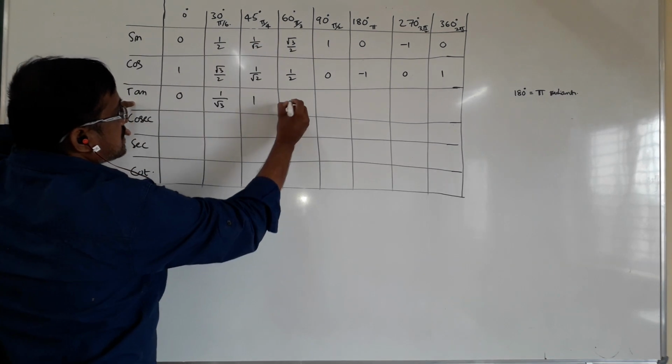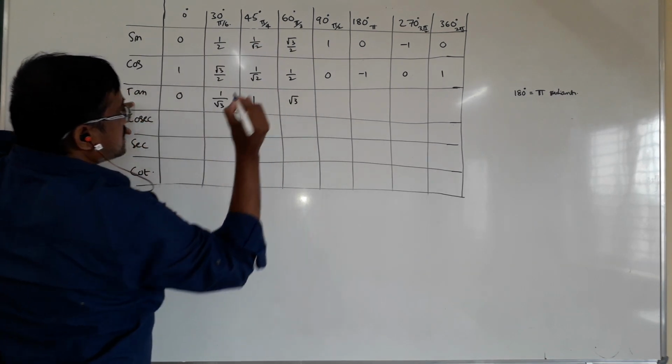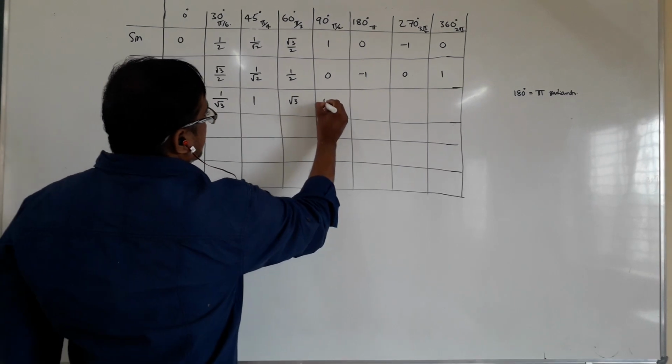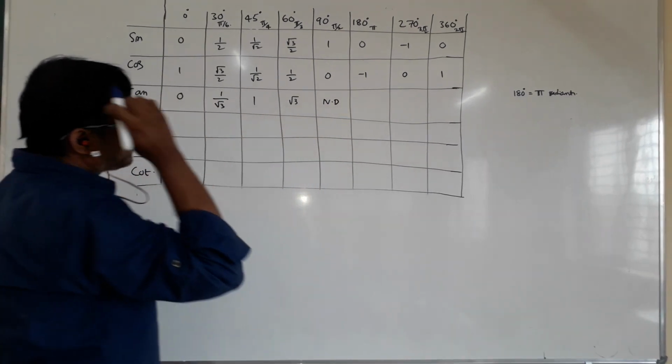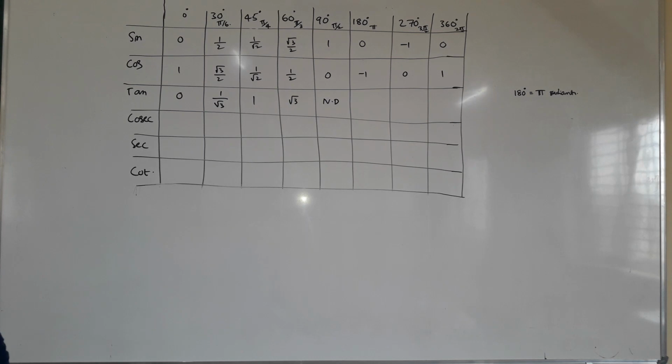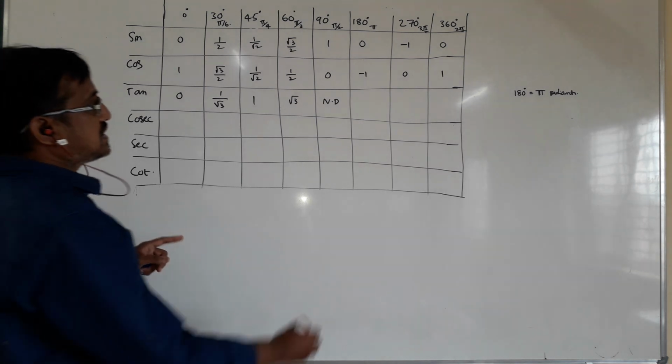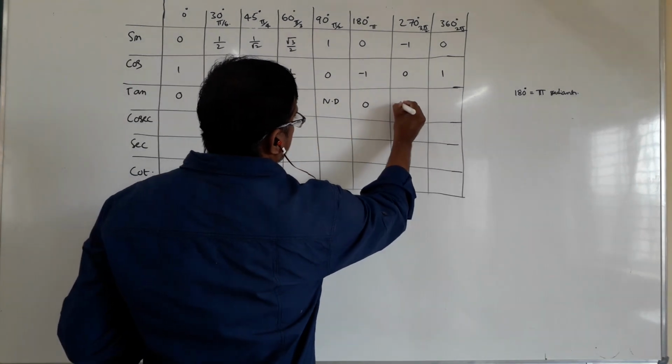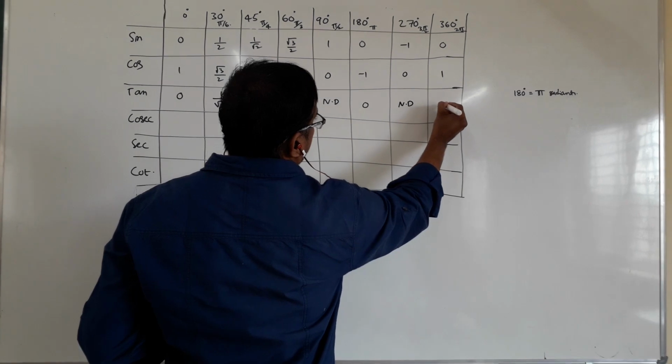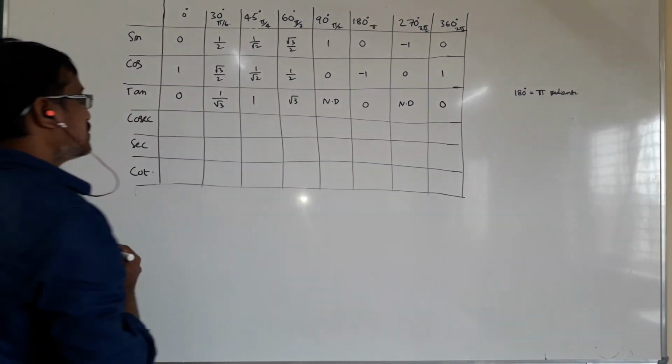Tan 60 is root 3. Tan 90 is not defined since it is 1 by 0. Sometimes we take it as infinity also. Tan 180 is 0. Tan 270 is not defined. Tan 360 is 0.